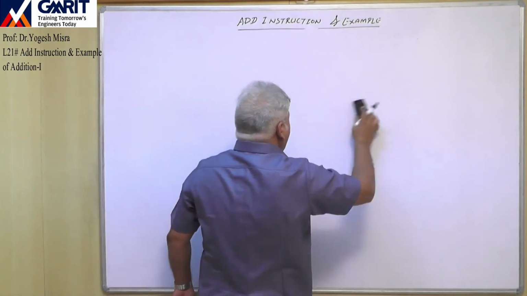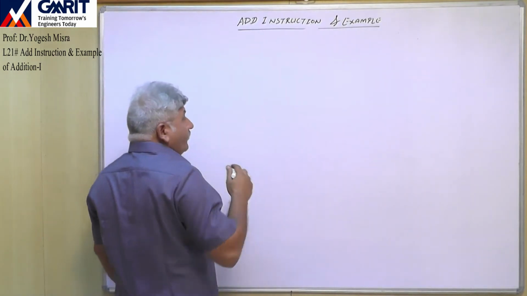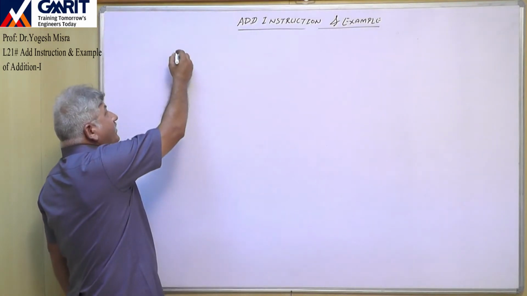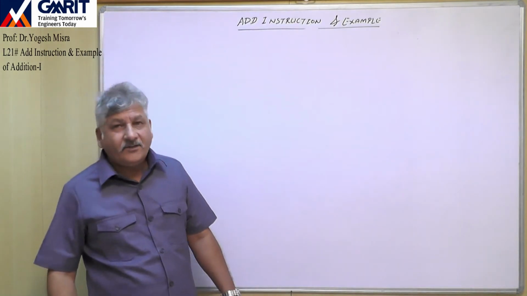Now we will see one example. Suppose we have three numbers, and these numbers are stored in internal RAM from location 30H.